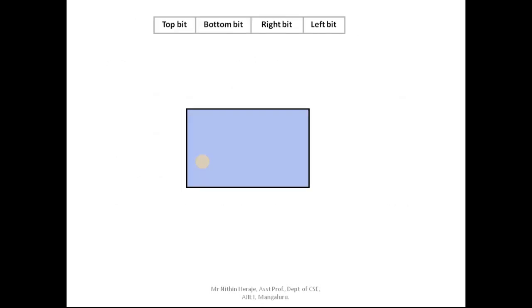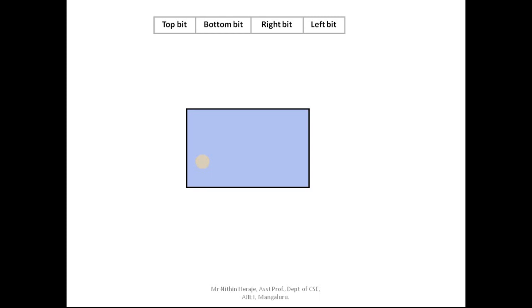The window in blue color is the clipping window, and you can see on the top there are 4 bits we have used. The leftmost bit is for the top, the next one is bottom, the next one is right, and the last one, the rightmost, is for the left side of the clipping window.